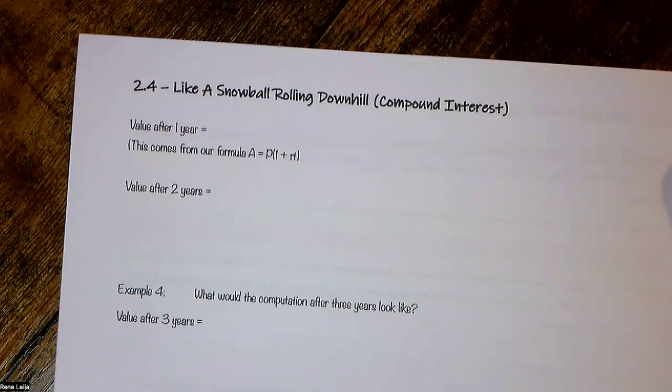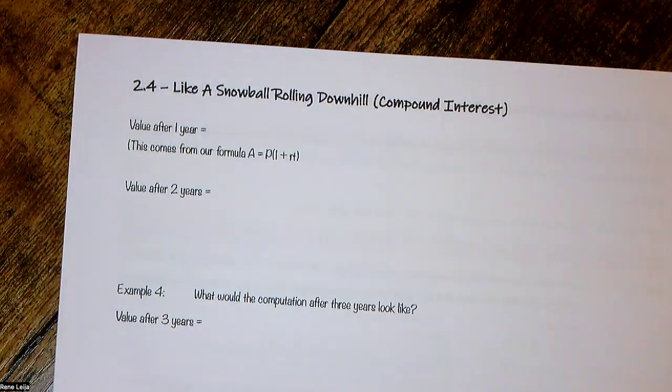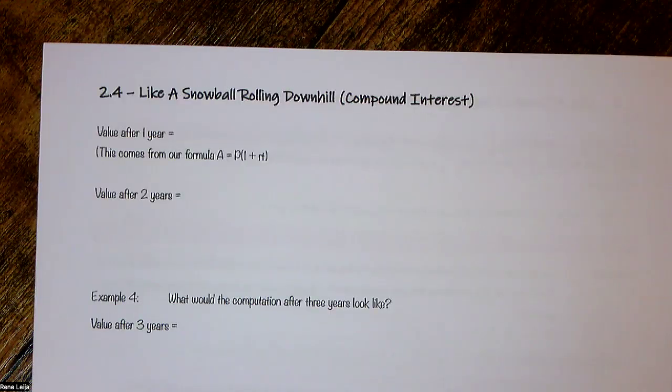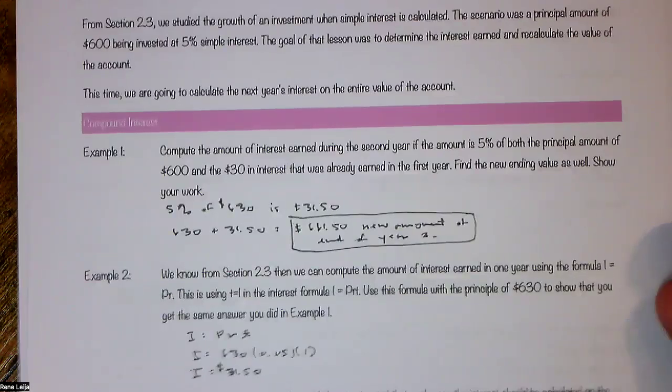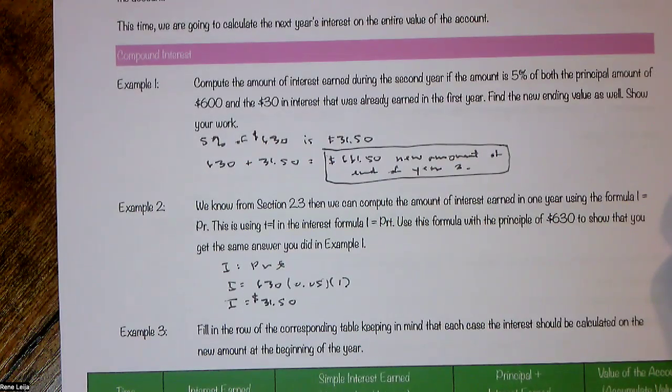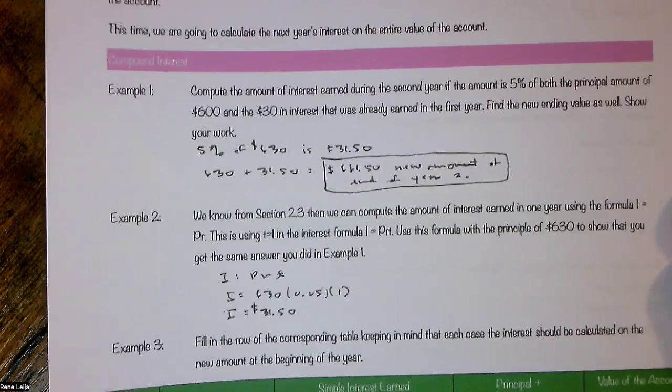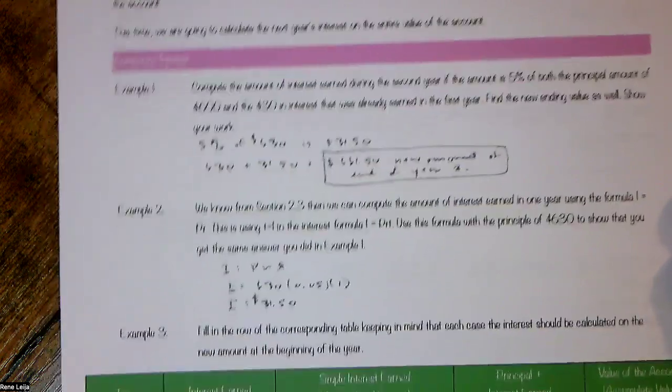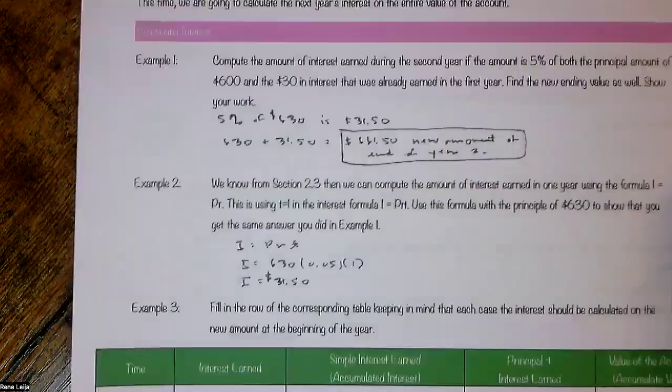So the value after 1 year. So what did we do? What could we do to make this a little bit easier? Well, what we did was we took our principal, which was the $600. And remember, don't forget our formula that we had been using. Okay.